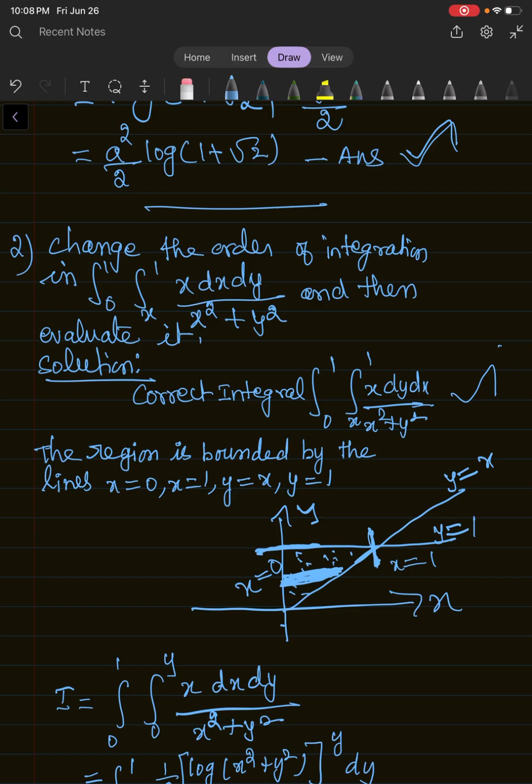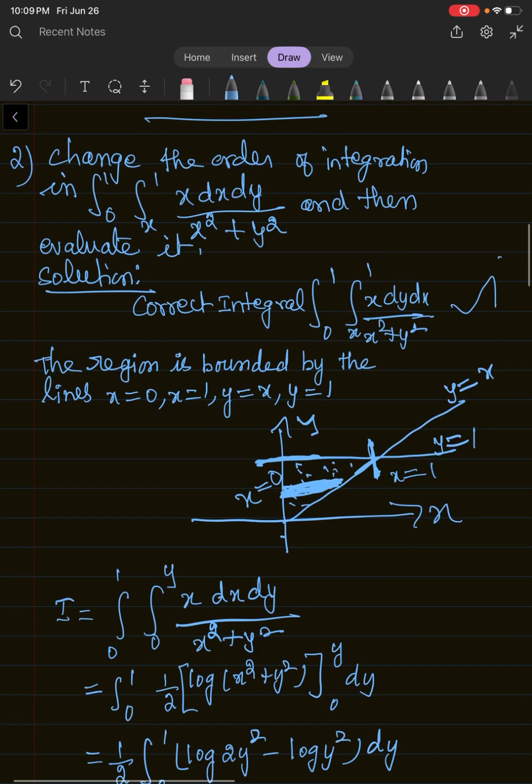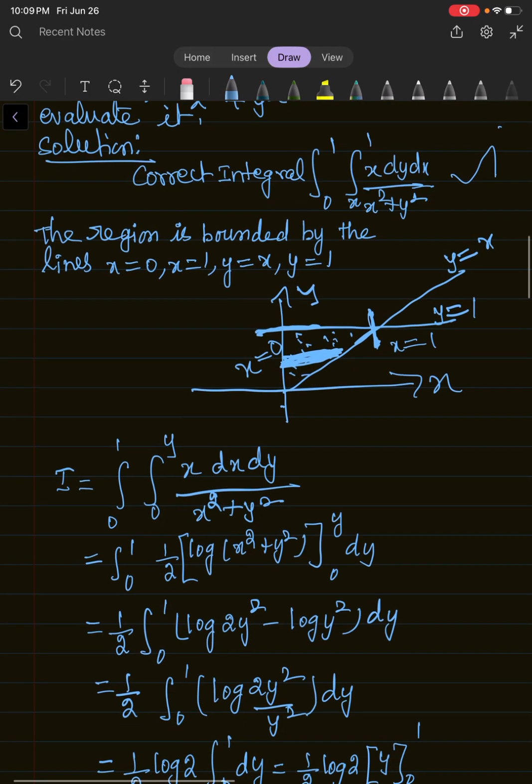The region is bounded by the lines x is 0, x is 1, y equal to x and y equal to 1. Based on the above points, we are drawing the first line y equal to x. The vertical line x is 0 and the horizontal line is y is 1, and the vertical line we are putting here x is 1.